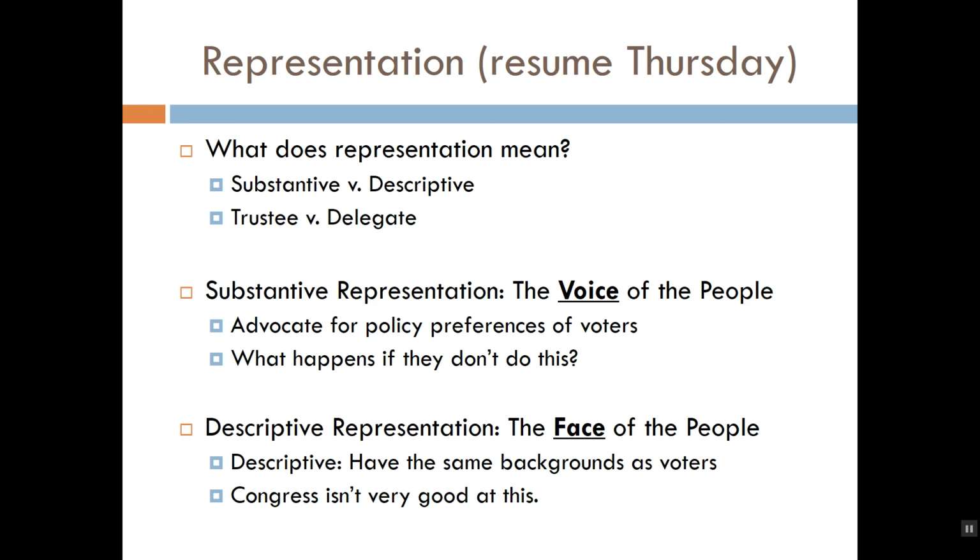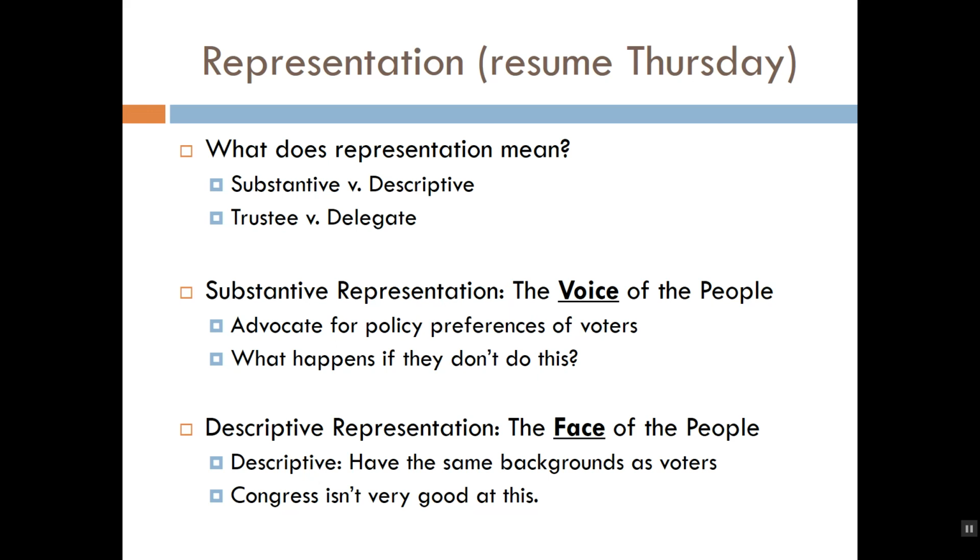If you're a young girl and you've never seen a woman in a leadership role, that might shape how you feel about yourself and how you think about your proper place in the world. Now, again, we don't know that this is true, but it is possible, it does sound plausible, and many very intelligent people have made this argument. It's hard to test empirically, but it is a concern.